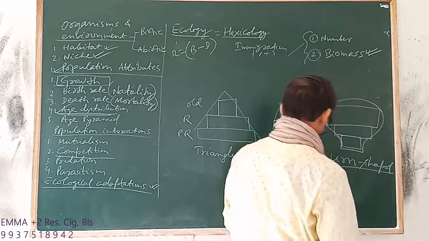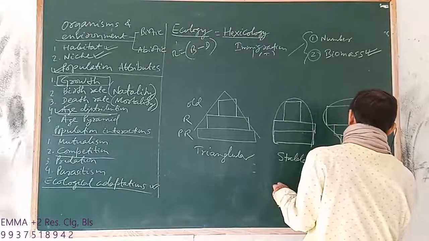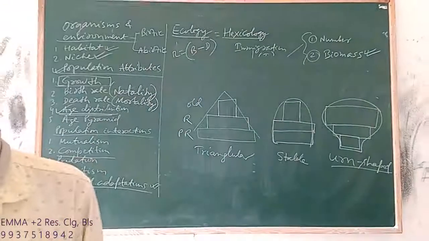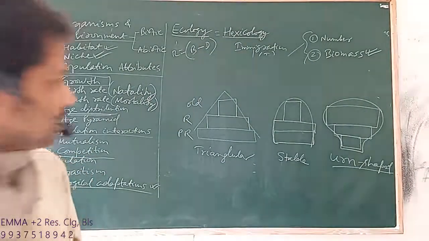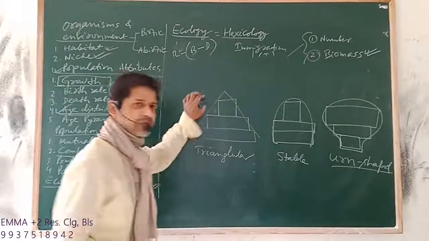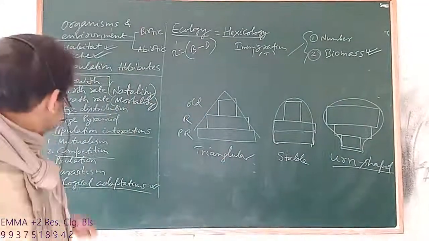So when the shape is urn shaped, the population is declining. The population growth is decreasing. So there are three types of pyramids on the basis of three types of ecological age groups.